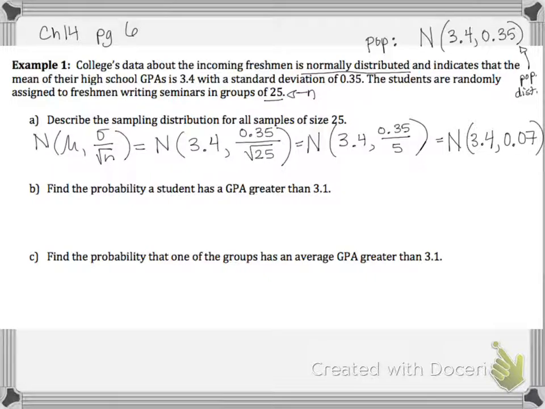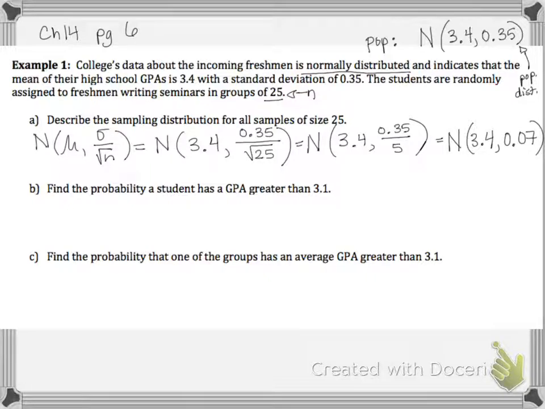Okay, so now the question is, are parts B and C referring to the population or to the sampling distribution? Now, if it's referring to the sampling distribution, then it's going to be referring to a group of people of size 25. If it's referring to the population, then it's just going to be referring to any random student from the group. So let's read carefully.